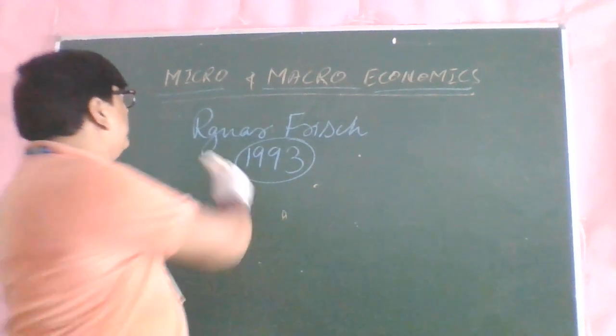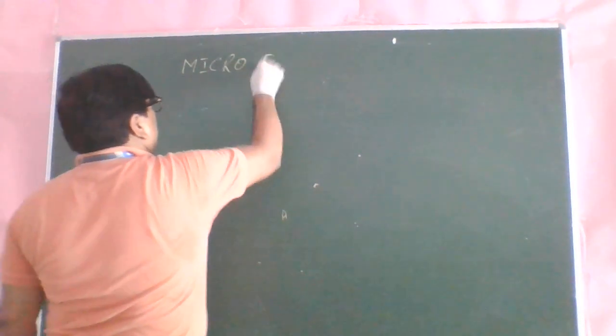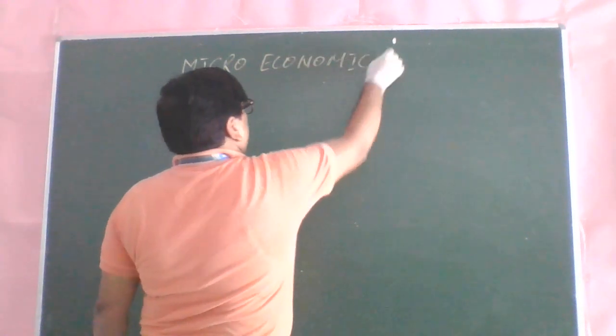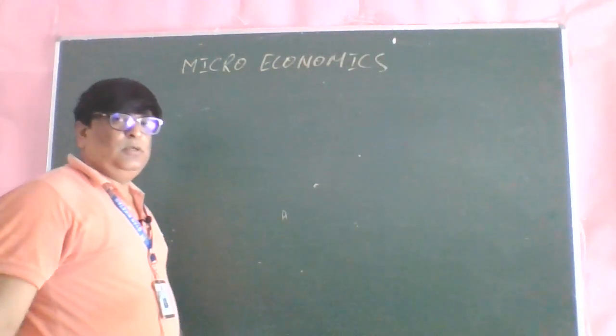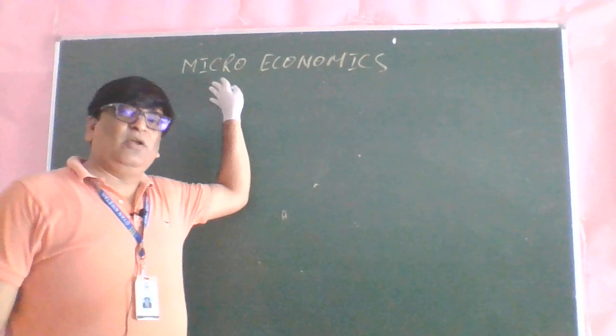Okay, now come to the point. This macro and micro, one by one we will discuss. Now, what is this micro economics? Look, if you go for the vocabulary meaning, actually its meaning is hidden here only.